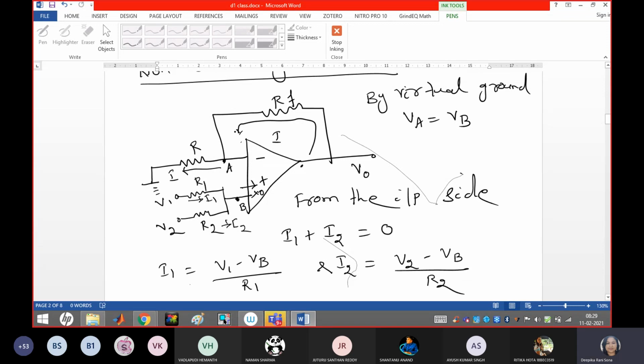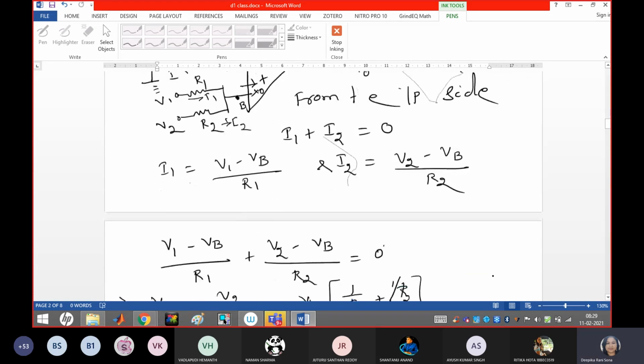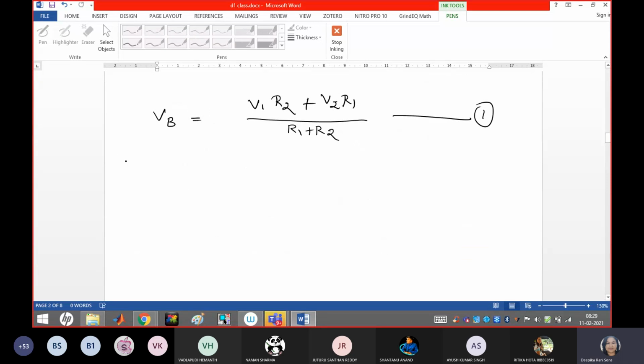Guys, you got or not? With respect to node A, we have to solve. Okay, fine. Now at node A. Earlier we solved at node B. What is the current I? Just tell me.